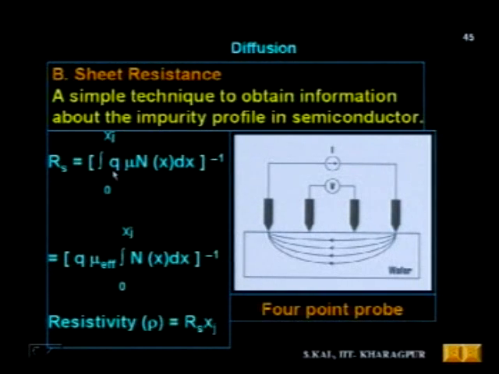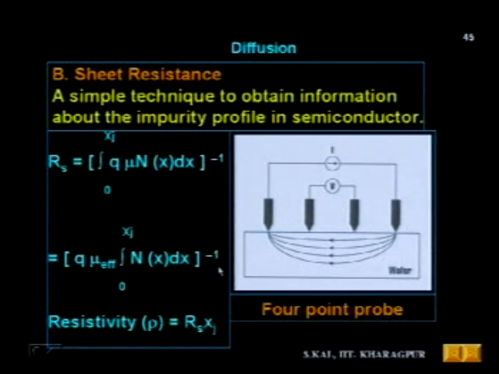Integral 0 to xj q mu n(x) dx is the sheet conductance, and 1 by sheet conductance is the sheet resistance. n(x) is the doping profile. n(x) dx from 0 to xj will give you the total dopant, and if you have the average doping value, then you can multiply q and mu effective, you will get the conductivity.